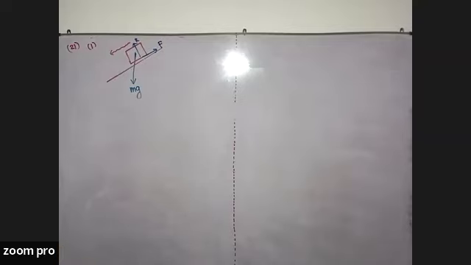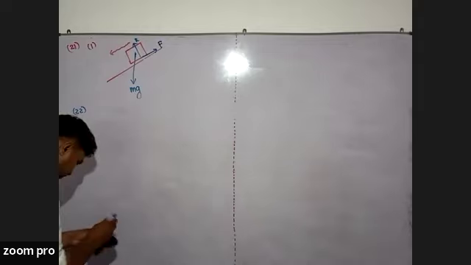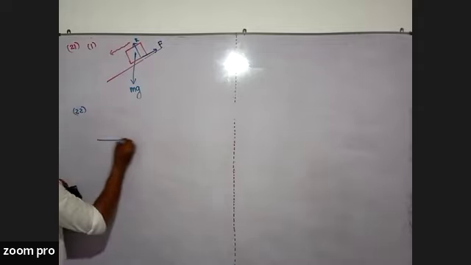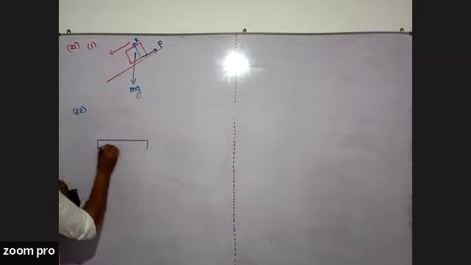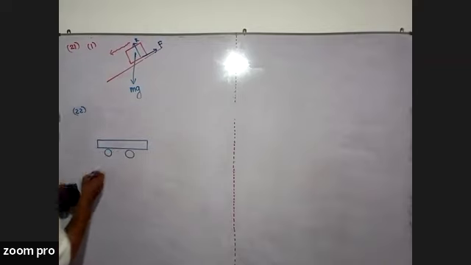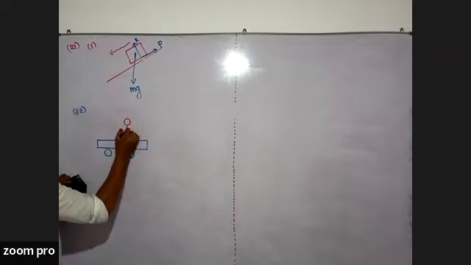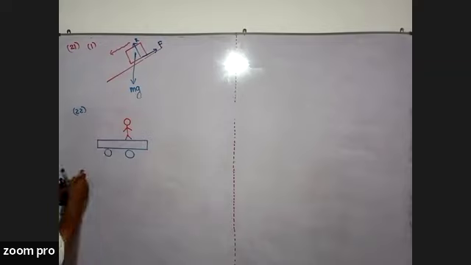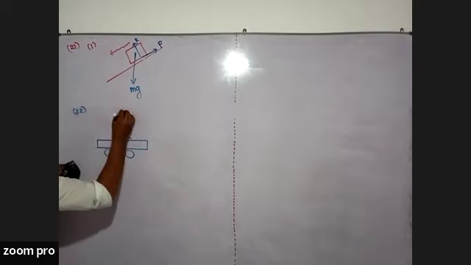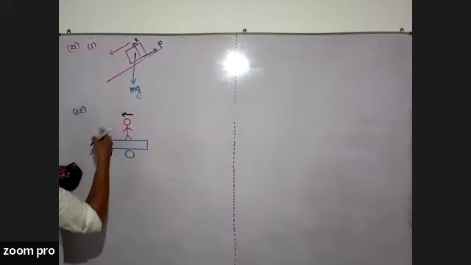Right. So in the 22nd question, let's assume that the trolley is at rest and another man initiates the motion with the velocity u towards the opposite direction.